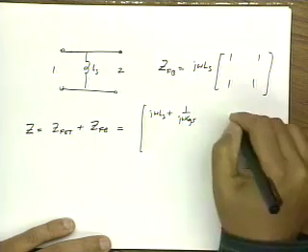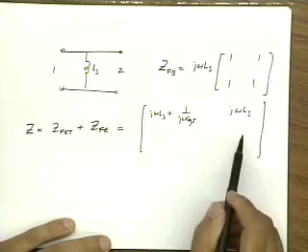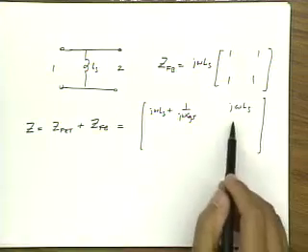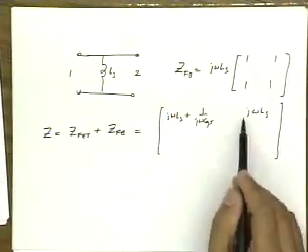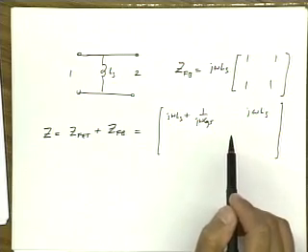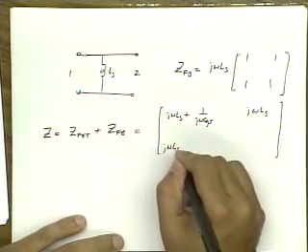Z11, Z12, and notice that the series feedback actually introduced feedback, I should say. Without LS, Z12 was equal to 0, but now because of the feedback we have a finite amount of Z12.